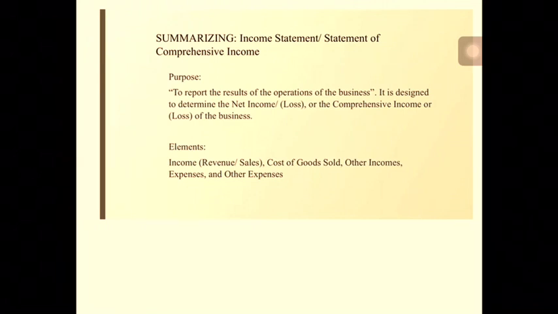Expenses that are incurred not in the regular course of the business shall be considered part of your other expenses account. So do not forget those elements, because these are the very same elements that you are going to use in preparing an income statement or statement of comprehensive income.